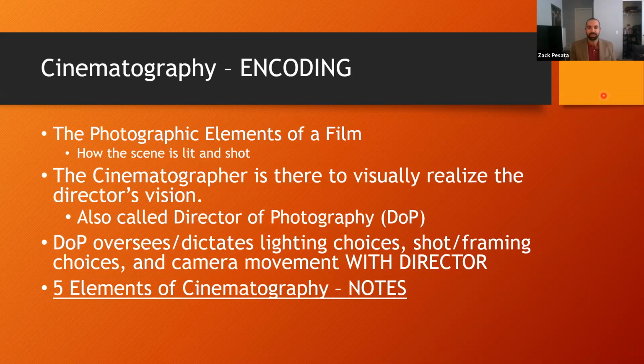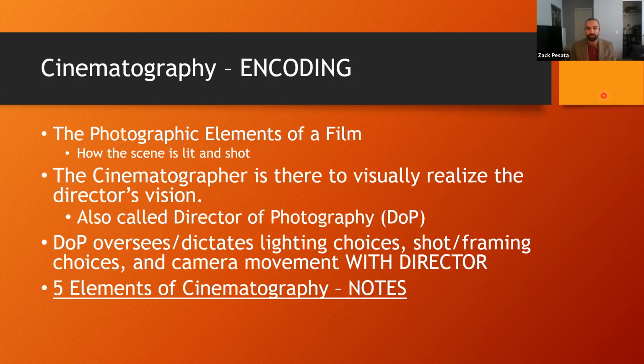The cinematographer is there to visually realize the director's vision. They're also called the director of photography or the DOP. The director of photography is usually in charge of these elements, overseeing them in collaboration with the director. Supervision can range. Some directors are very hands-on and even act as their own cinematographers, like Steven Soderbergh.